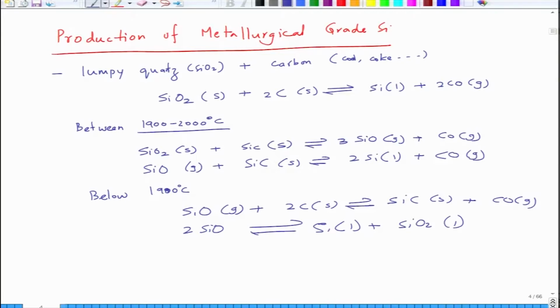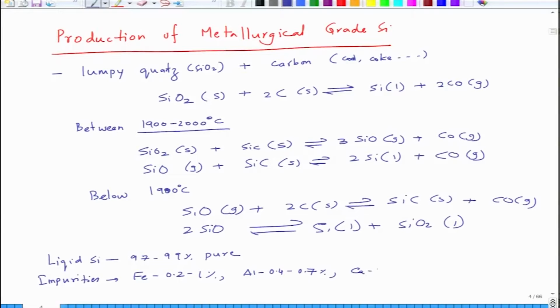So, first you go to 1900 to 2000, then below 1900 gradually, and then you obtain from this liquid silicon which is 97 to 99% pure, with impurities like iron at about 0.2 to 1%, aluminum at about 0.4 to 0.7%, then calcium which is 0.2 to 0.6%, and so on and so forth.